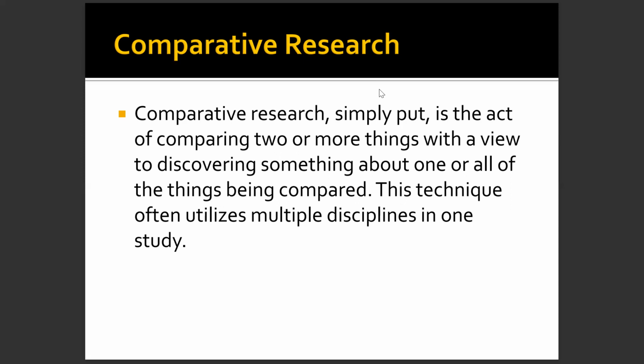Say, for example, is there a significant difference in the performance of students during the post-test and pre-test in chemistry? So we are comparing the pre-test and post-test, whether there is a significant difference between the scores of the students. That is comparative design.